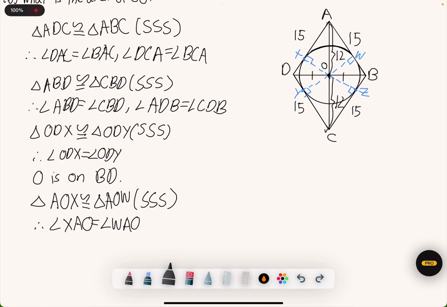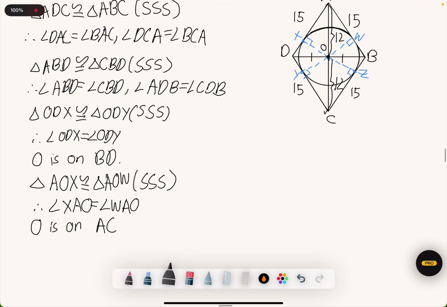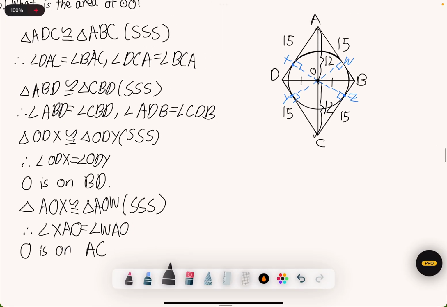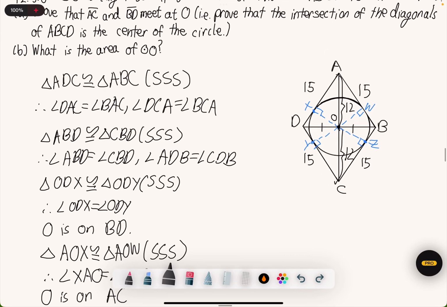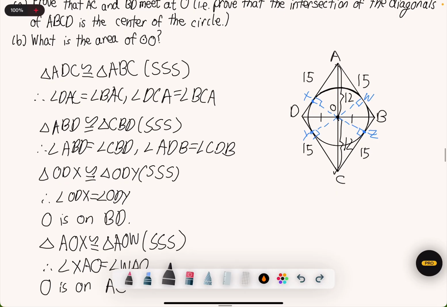So O is on AC. Therefore, we know that BD and AC intersect at O because AC and BD are both straight lines, and two straight lines either intersect at one point or are parallel. Well, AC and BD are clearly not parallel, and they both pass through the same point O, so they intersect at O. So that's question A.